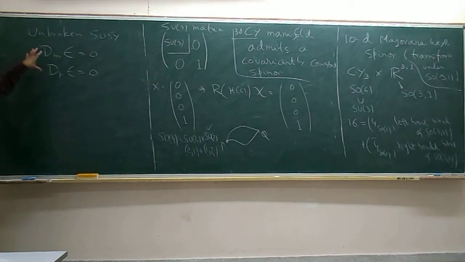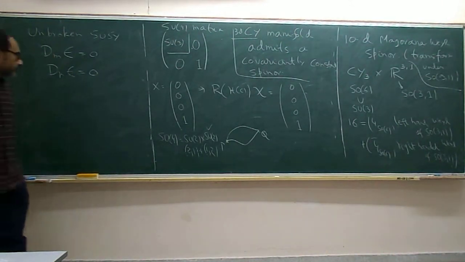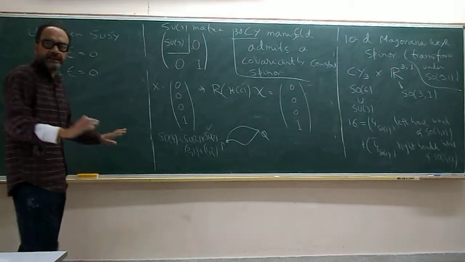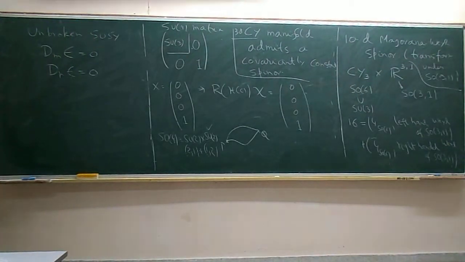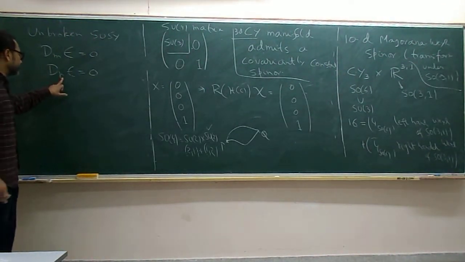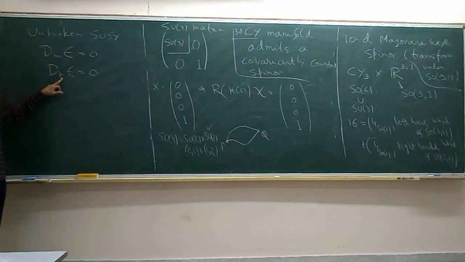This was the condition that the variation of the gravitino is 0. If there are other background fields present, then of course the conditions are more complicated. Now, this first condition is trivially satisfied because you are considering flat 4-dimensional space.